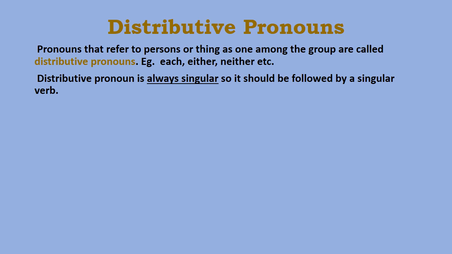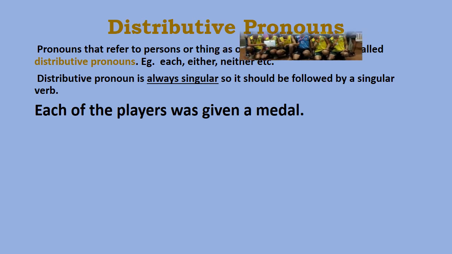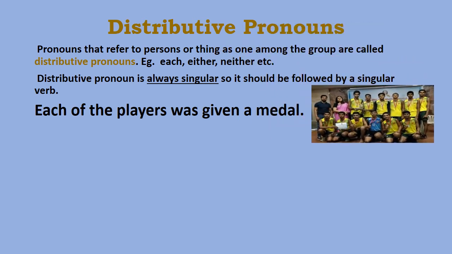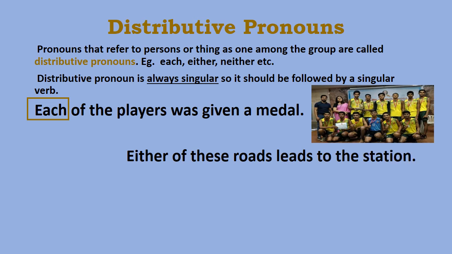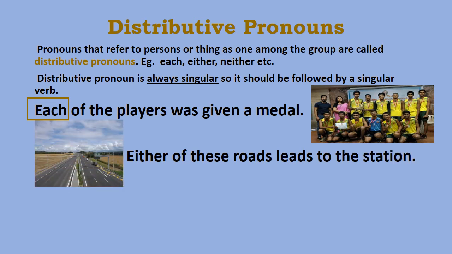Let us see a few examples. Each of the players was given a medal. That is, each one individually of all the players from the whole team was given a medal. So here, "each" is a distributive pronoun. Either of these roads leads to the station. You can see two roads here. One of them leads to the station.